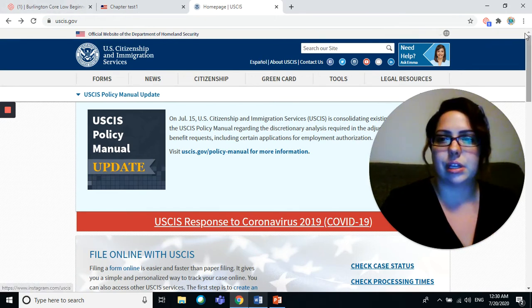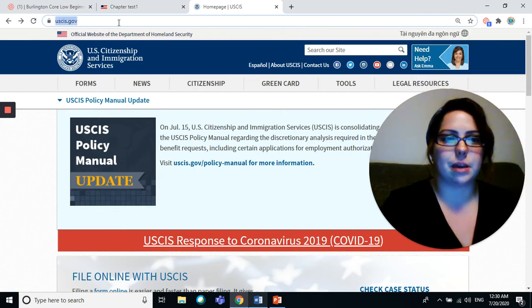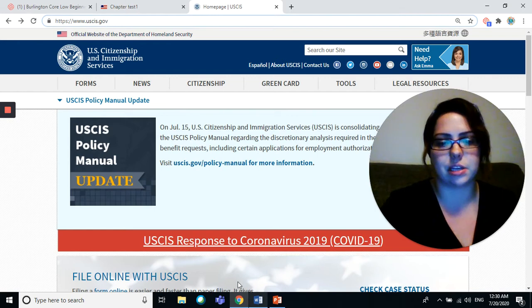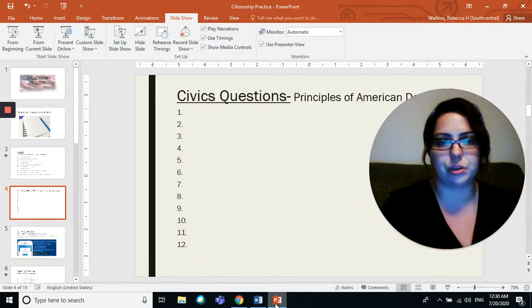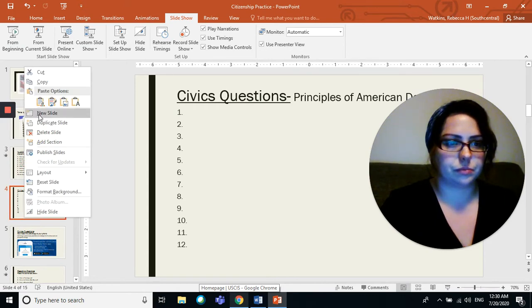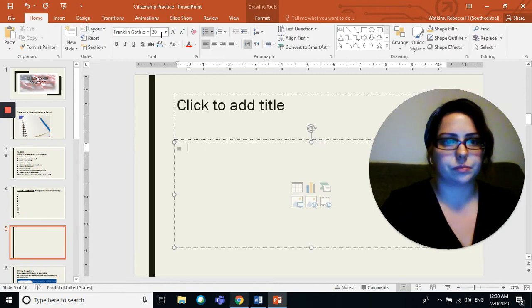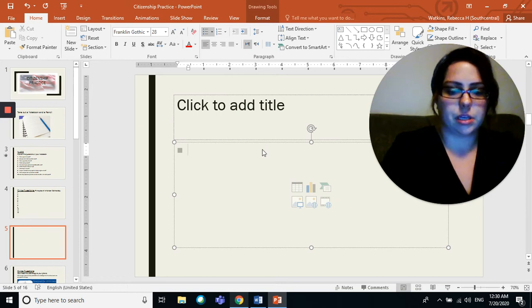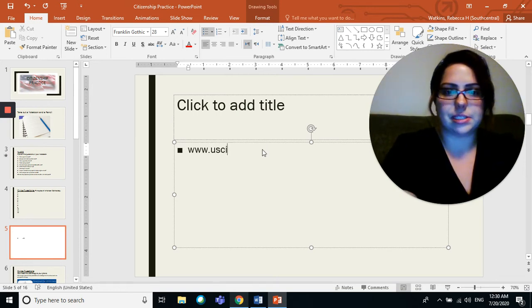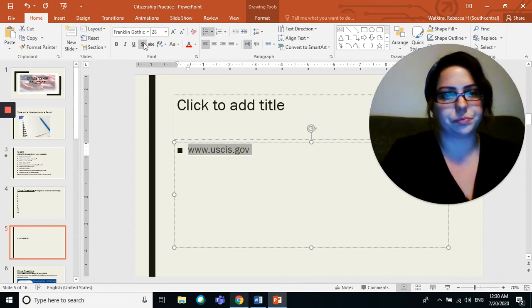So let me make this a little bigger. I don't know if you can see that, but the website is www.uscis.gov. I'm going to write that down for you. So the website is www.uscis.gov.